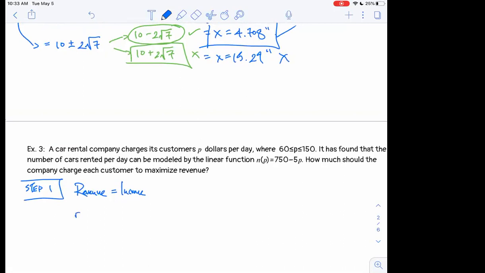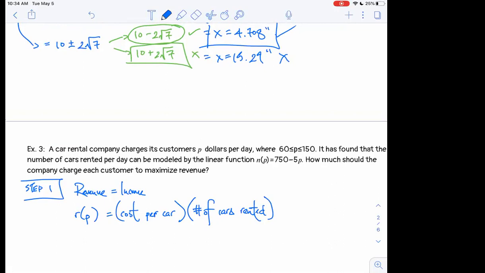So in order to find the revenue, I'm going to call that R of P. I can take the cost per car and I multiply it by the number of cars rented. All right, so let's think about that for a moment.